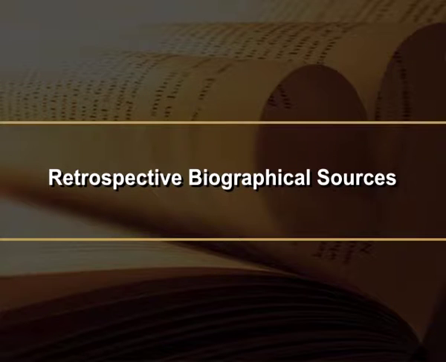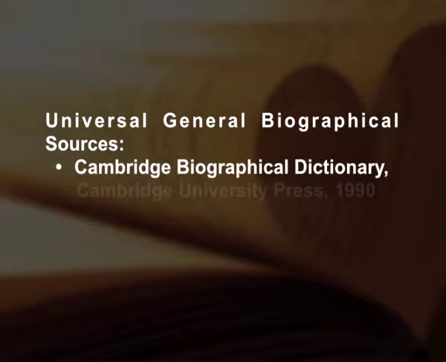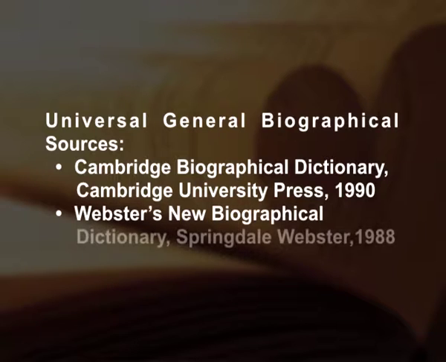Retrospective biographical sources. It gives retrospective biographical information and it can be categorized as Universal General Biographical Sources: Cambridge Biographical Dictionary, Cambridge University Press 1990, Webster's New Biographical Dictionary, Springfield, Webster 1988.